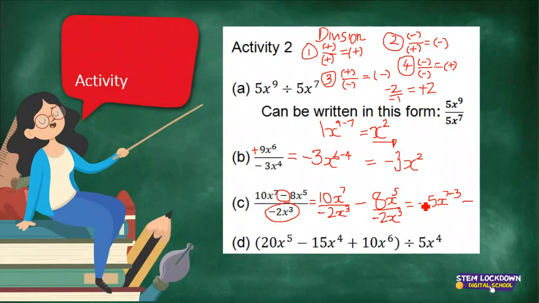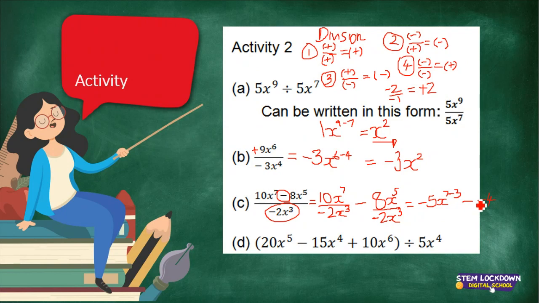Okay, learners, what is positive 8 divided by, in this case, because I've already written the negative, I'm not including it in this calculation. So positive 8 divided by negative 2, the answer is supposed to be negative 4, right? Because this is a negative and a negative.